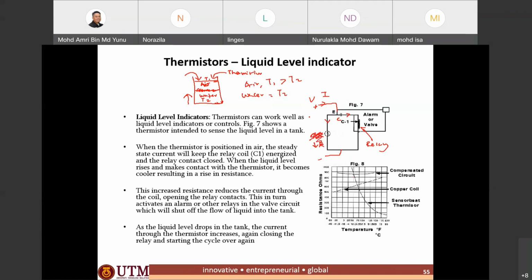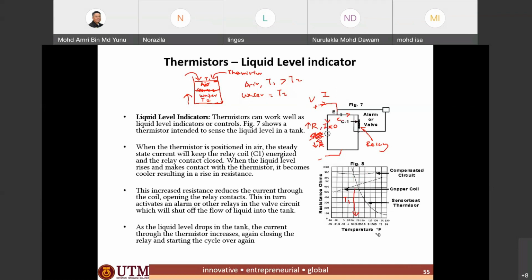When T1 is higher than T2, basically high temperature, let's say T2 is here and T1 is here, the resistance is high. So less current will flow here, with more current flowing here. The current here is 0 or close to 0.